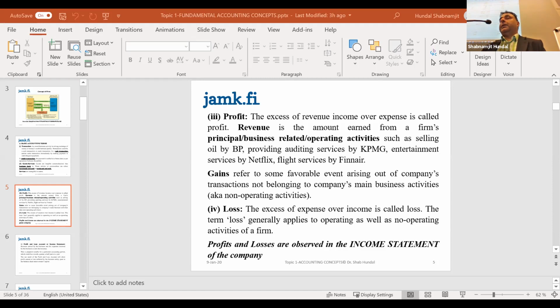Imagine Kone has invested some money in Malaysia, in India, in Southeast Asia, and overall they are having a loss. And when this loss comes to the main company, the parent company, here we have a loss. And then comes financing income.